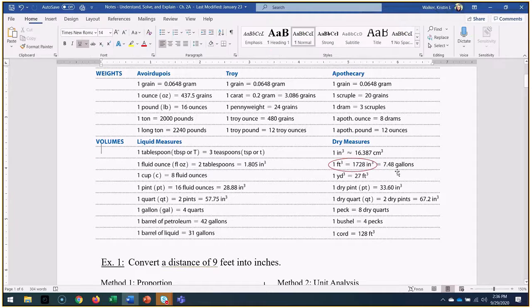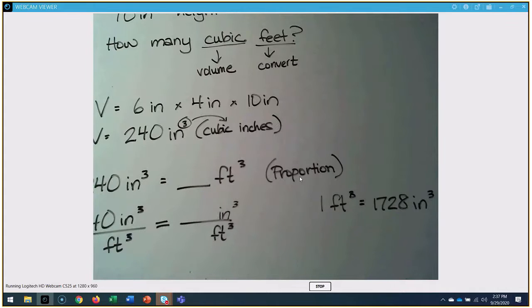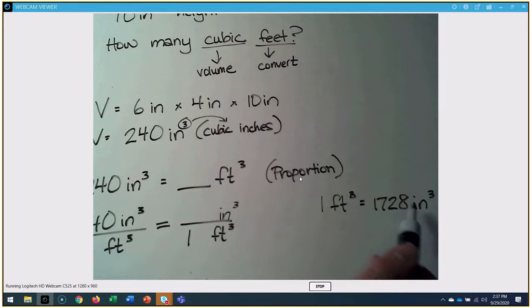Okay, there is the conversion to do this. 1 cubic foot is 1,728 cubic inches. Okay, so that is what we're going to use to plug this in. So the 1 goes with the cubic foot, and the 1728 goes with the cubic inch.